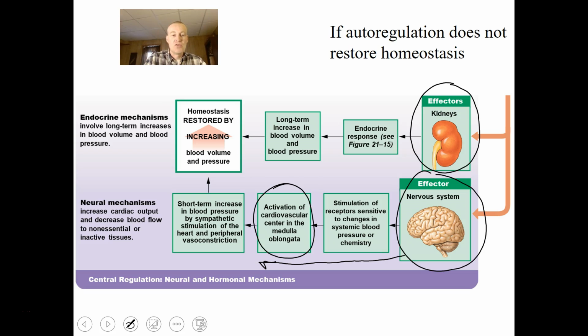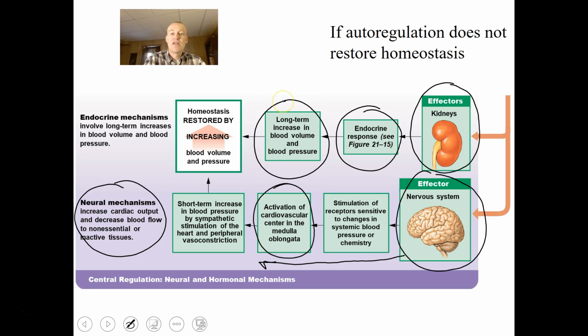And so these can do all kinds of things to increase or decrease blood flow. So the kidneys can be influenced by the endocrine responses, various kinds of hormones, and this can deal with long-term blood volume or blood pressure changes.